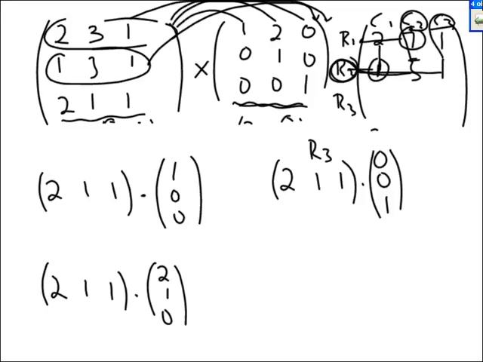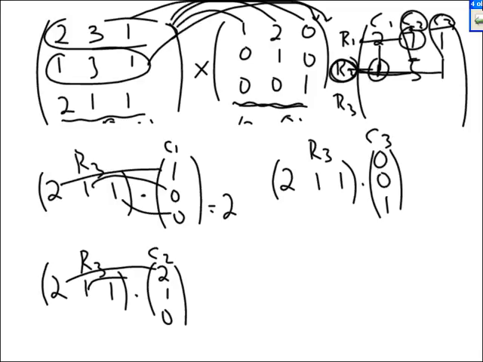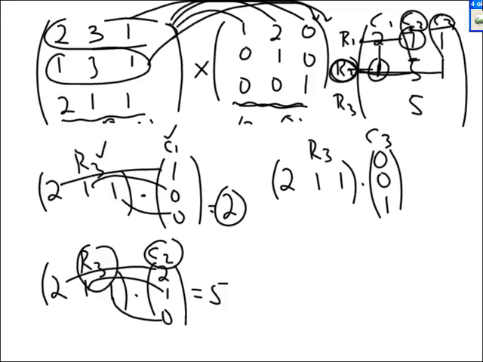So row 3 by column 1, row 3 by column 2, and row 3 by column 3. 2 times 1 is 2, and the rest of the products are zeros. 2 plus 0 plus 0 is 2. Put this number in row 3, first column.